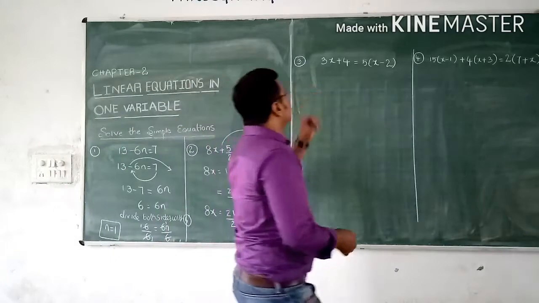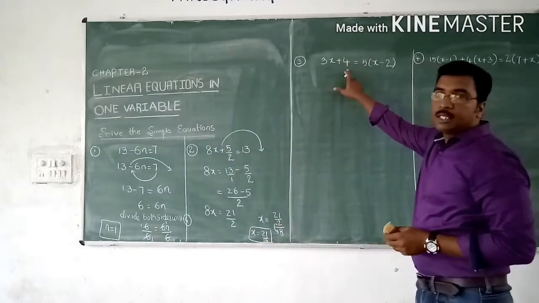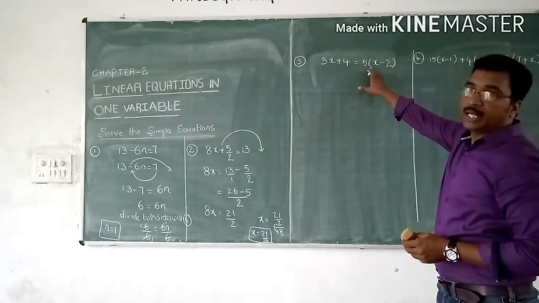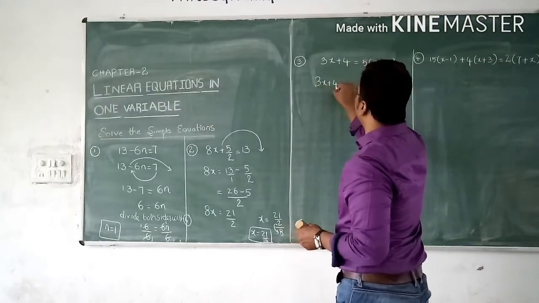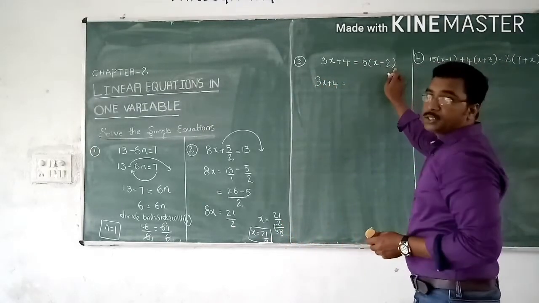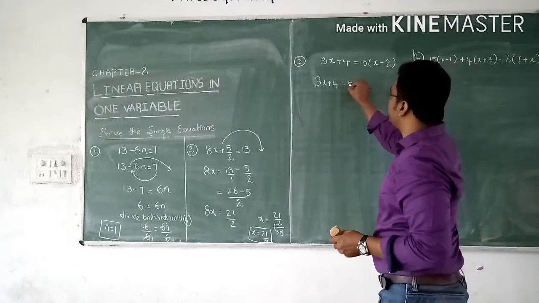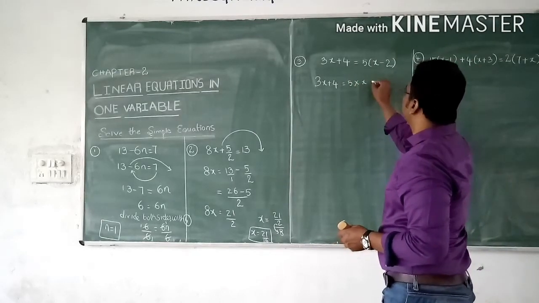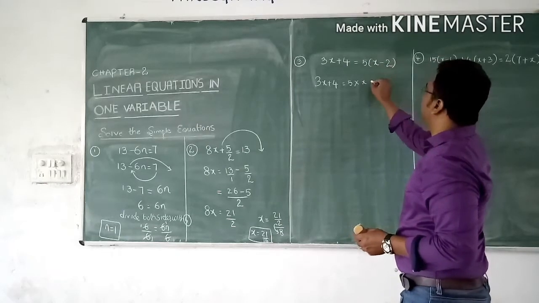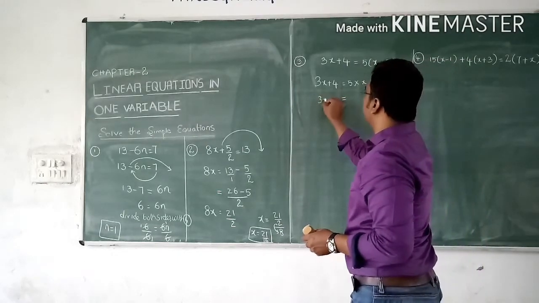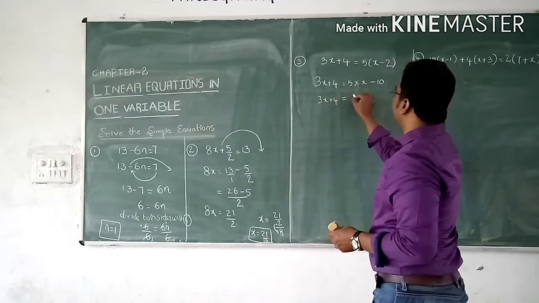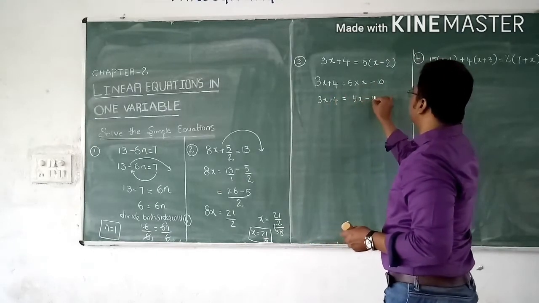Now see here, 3x plus 4 is equal to 5 of x minus 2. 5 into x, that means 5 into x plus 5 into minus 2, minus 10. So 3x plus 4 is equal to 5x minus 10.